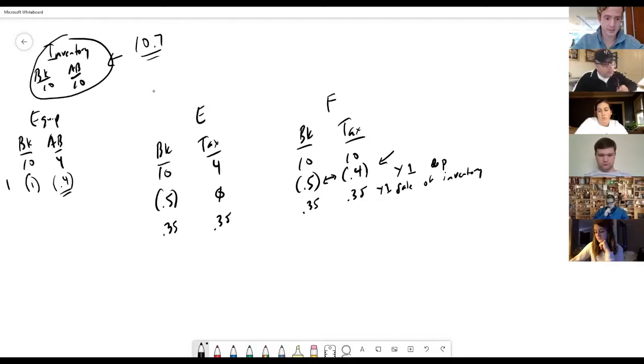So here, F is getting too little of tax deduction. He should get 0.5, he's only getting 0.4. So to fix that, we can have a cure and we can give him too little of ordinary income. So instead of giving him 0.35, we just give him 0.25. One way to see that is if we aggregate these two, they should sum together.